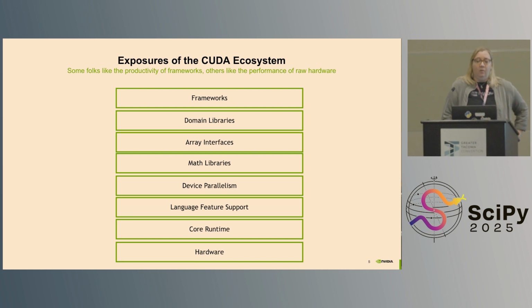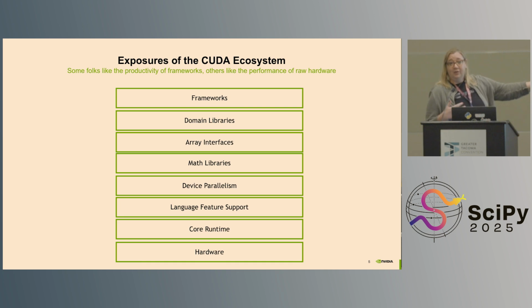When we talk about the CUDA ecosystem, you can think of it as part of these layers. Everything down to the hardware, this is where we have our GPUs, all the way down at the hardware side. On top of that, we have our core runtime.